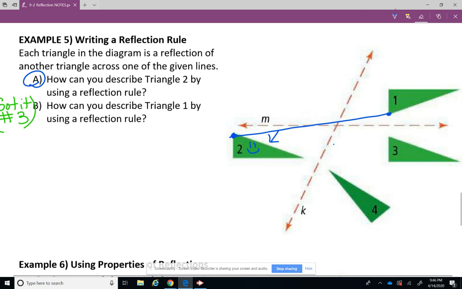If it's being reflected over M, it kind of looks like it's a perpendicular bisector right here. Maybe it crosses here, maybe this is equal to that, but I can't really tell. Plus, I don't know if the orientation is opposite. It just doesn't look like it is. All right, so let's go check out 4. We might come back to 1 if you feel like that's it.